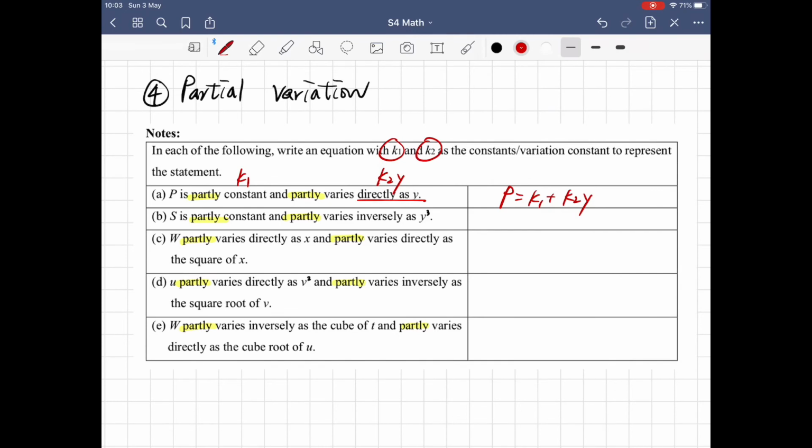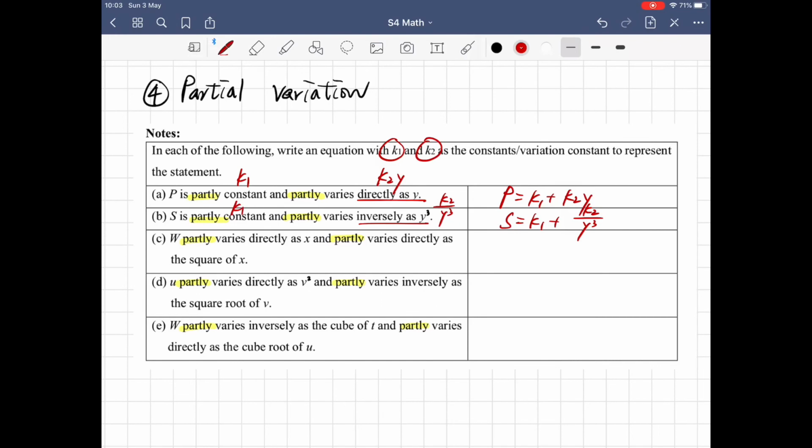And then part B, s is partly constant, k1, and partly varies inversely as y cube, so k2 over y cube. And we have s equals k1 plus k2 over y cube.